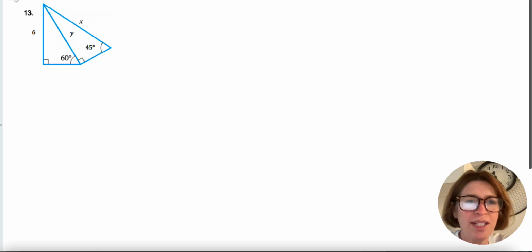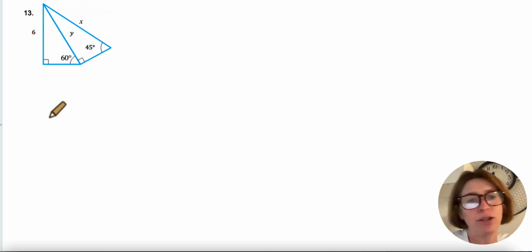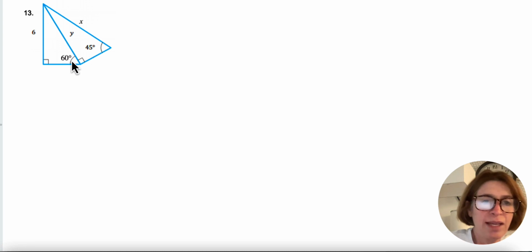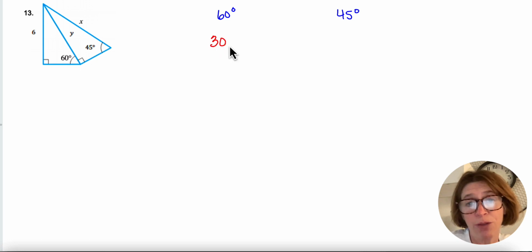All right, I also wanted to take a look at question number 13 on the third page, where this one said find the exact value. I want you to key in on the fact that you have a 60-degree angle and a 45-degree angle. In class the other day, we were talking about how a lot of the work we're going to do with trigonometry and the unit circle will involve 30, 60, 90 triangles and 45, 45, 90 triangles.